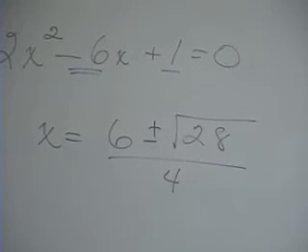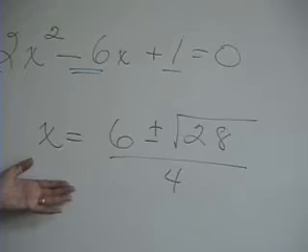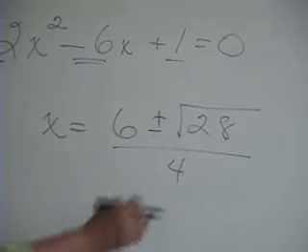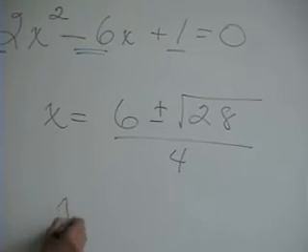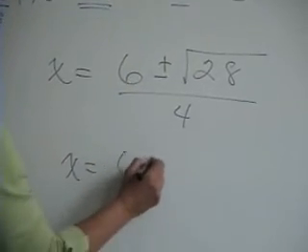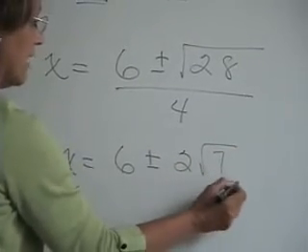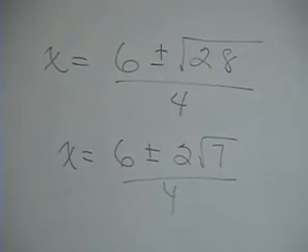Make sure that I did that correctly. So this is my answer, but now I need to simplify this. This is my last step. I need to simplify the radical, so x will equal 6 plus or minus 2 times the square root of 7, and that's over 4.